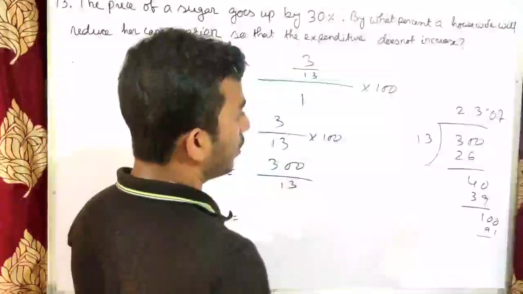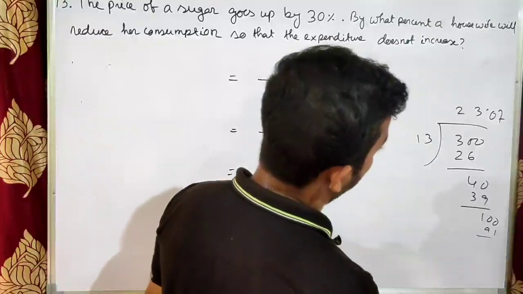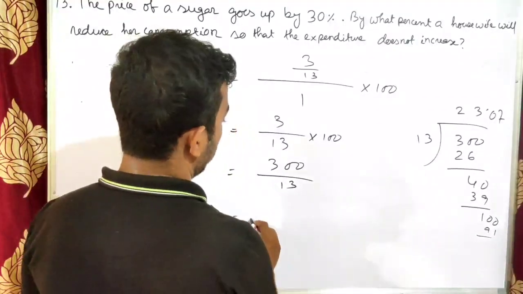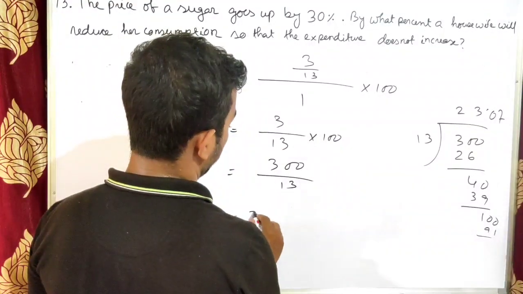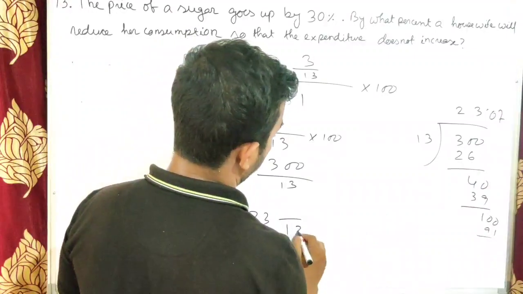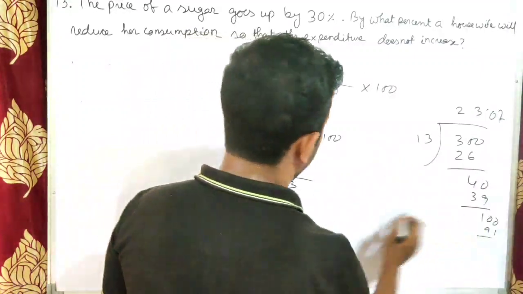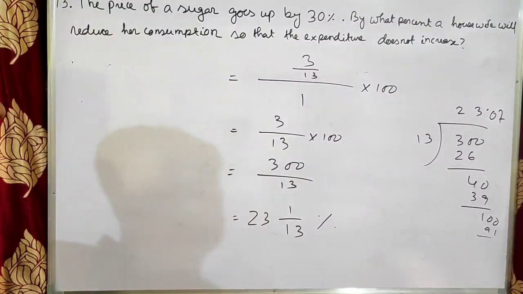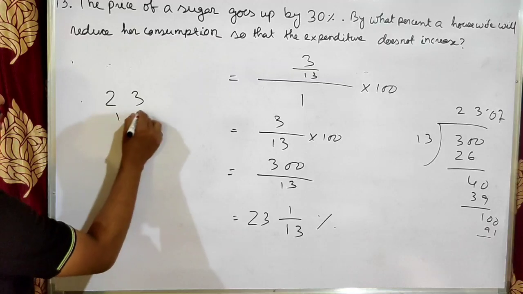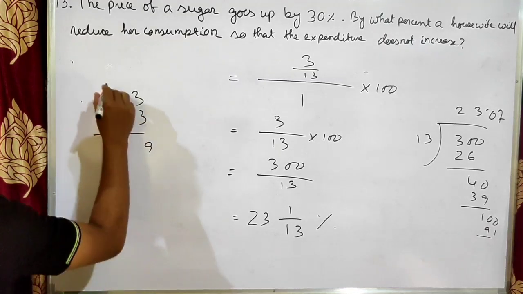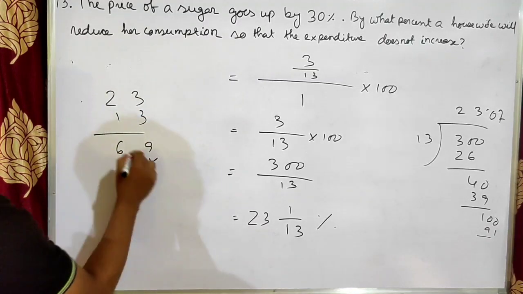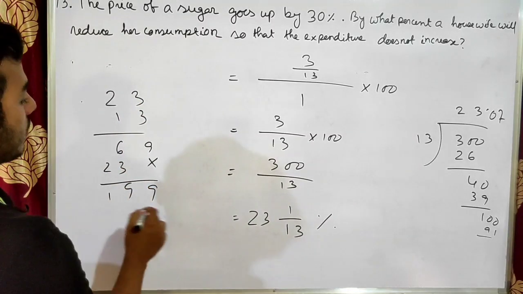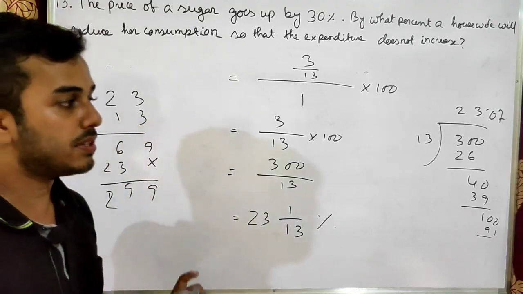If we convert it into the mixed fraction, it will be 13 into 23 plus remainder, which was 1, so 23 and 1 by 13%. Look, 13 into 23 is 299, plus 1. I hope this is clear to you.